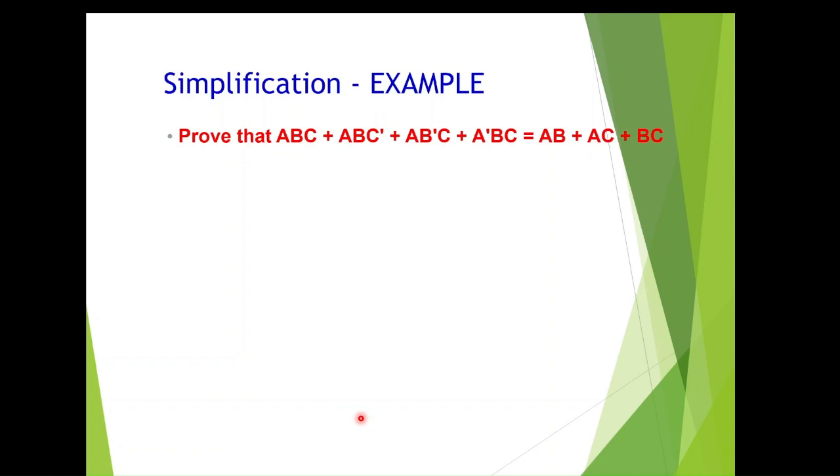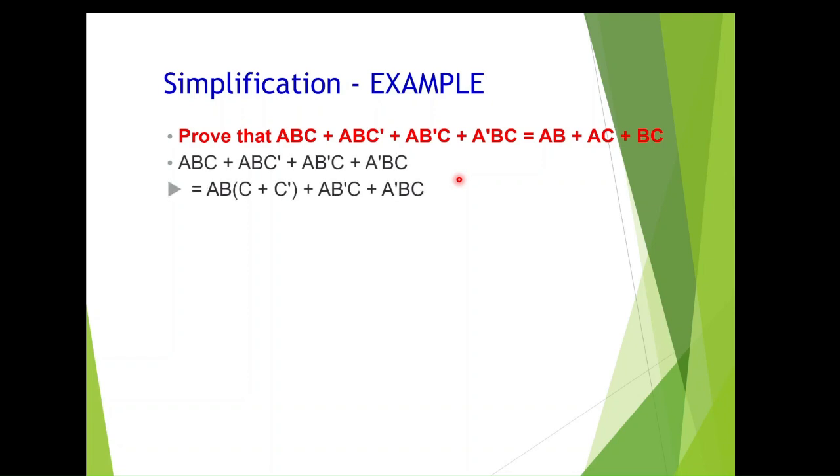Next example: ABC + ABC' + AB'C + A'BC is equal to AB + AC + BC. Again, in the first 2 terms, AB is common, you take AB outside, then C + C', plus AB'C plus A'BC. Then C + C' is 1. If you multiply by 1, it results in the same value.